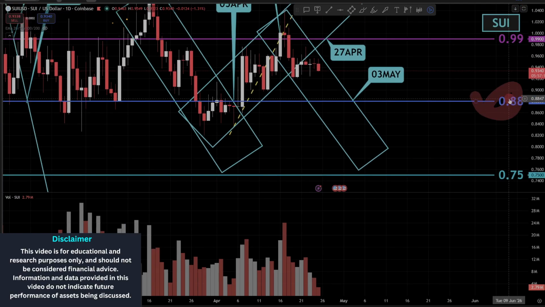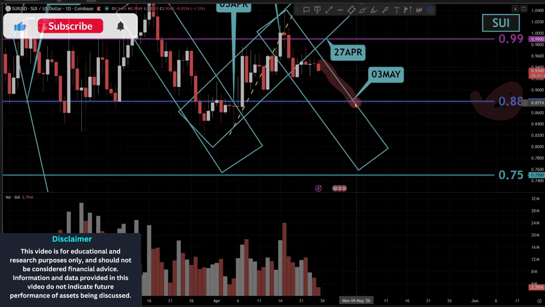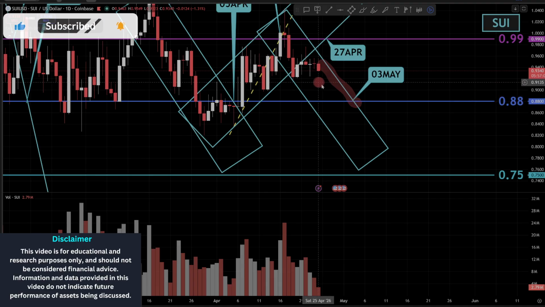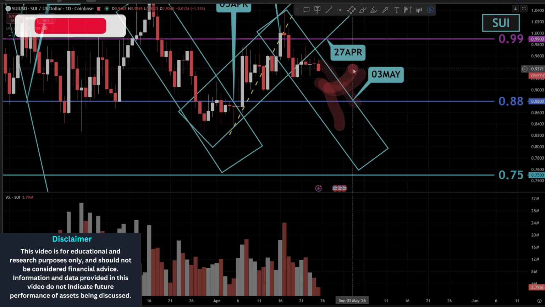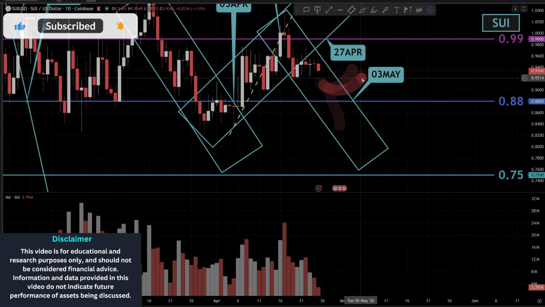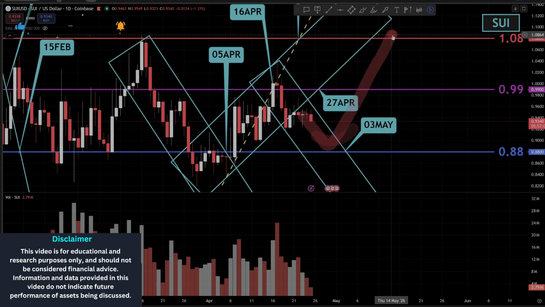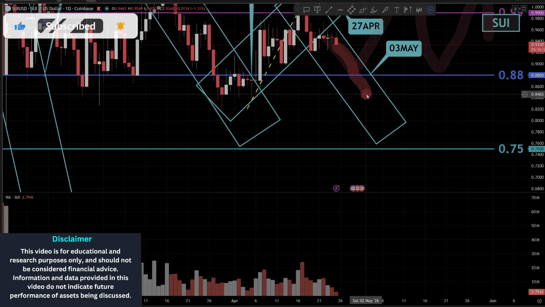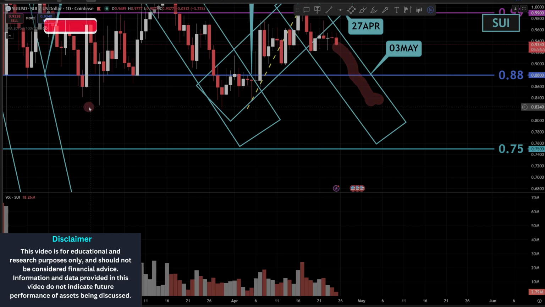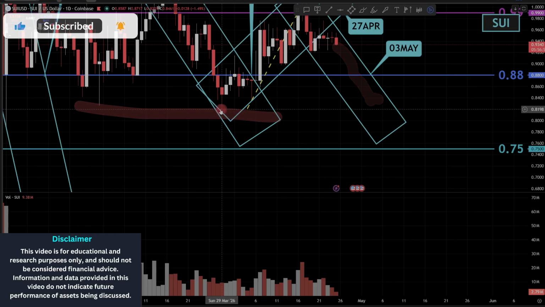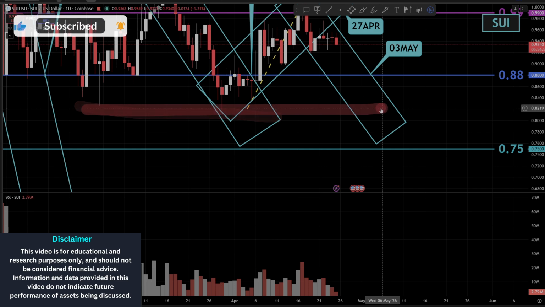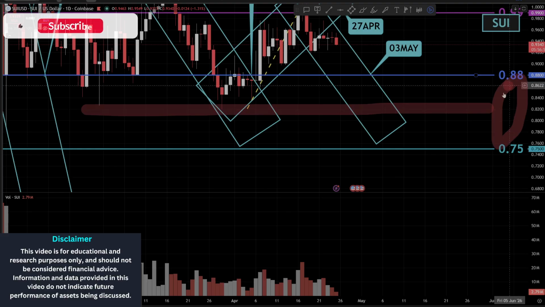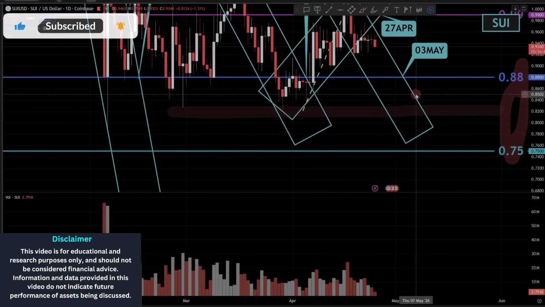Okay, 0.088, crossing the resistance. Either one of the two options: break outside of this downtrend, meaning the sideways bounce continues, or it comes lower, maybe coming back to challenge this level once again, that 82 cents level, somewhere between the two key levels.